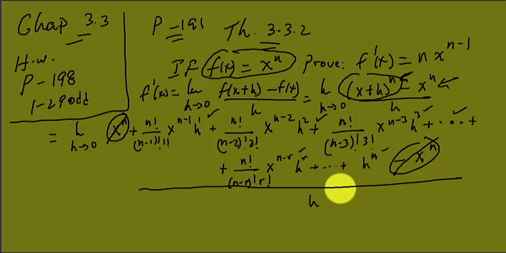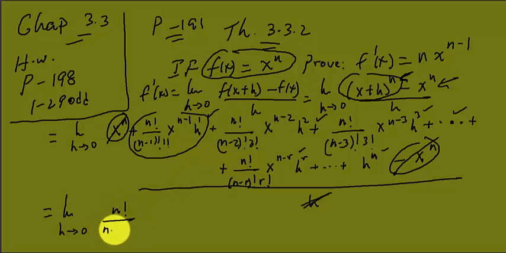When I factor out an h and cancel with the bottom h, this will look like the limit as h goes to 0. This term will not have h because I factored it out and canceled with the h. So that one will have n factorial over n minus 1 factorial times 1 factorial, and then x to the n minus 1.